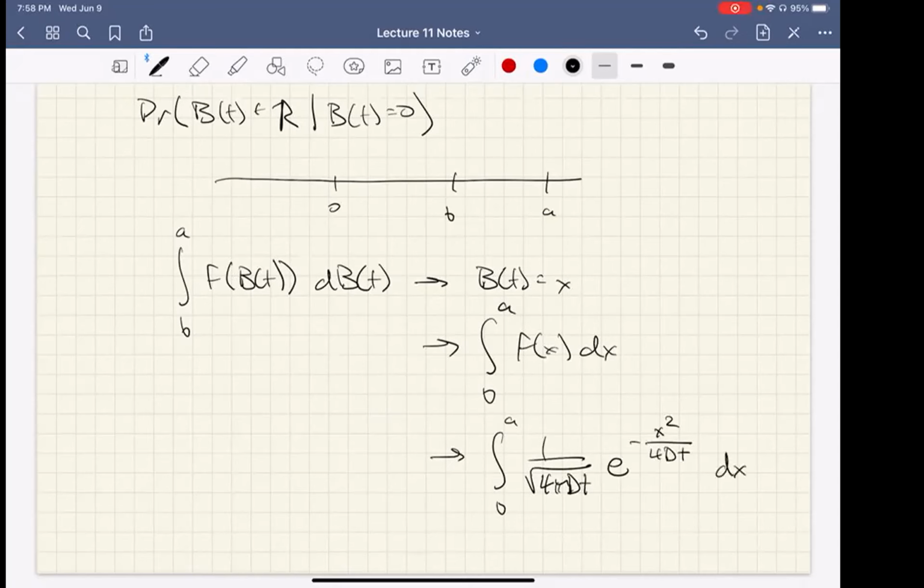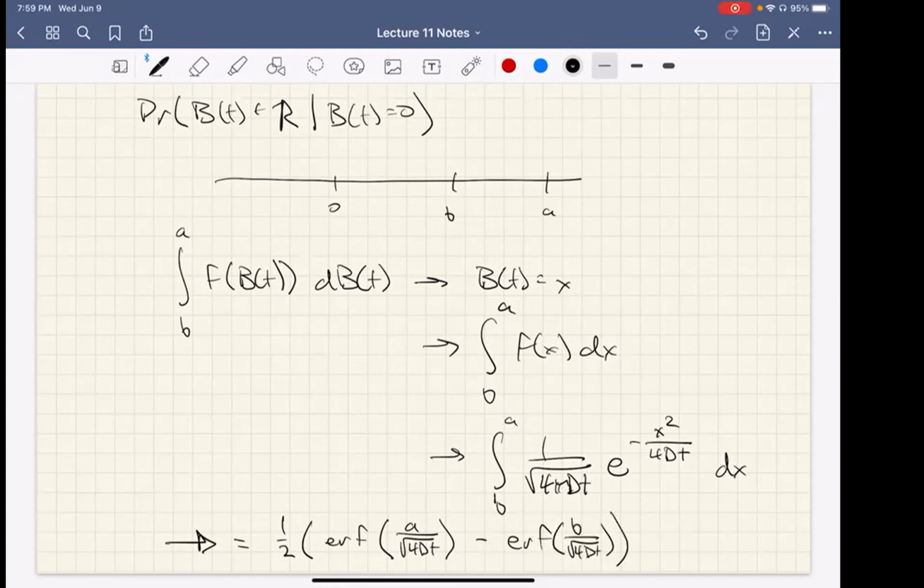Now, of course, as you're aware, this integral is not available in closed form, but we can solve it by defining special functions. And in fact, if you use the error function, it's 1/2 the error function of A over root 4 dt minus the error function of B over root 4 dt.